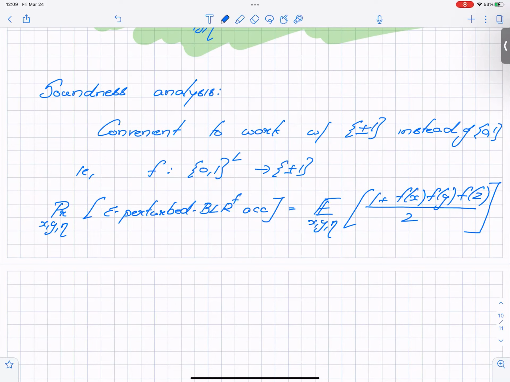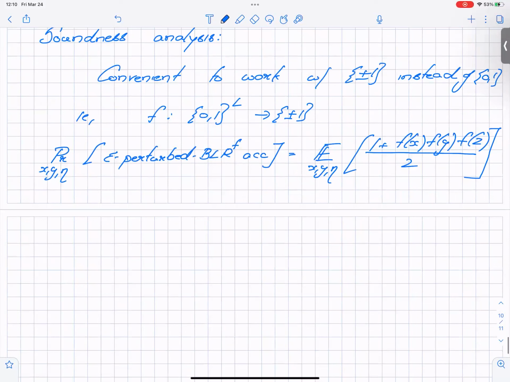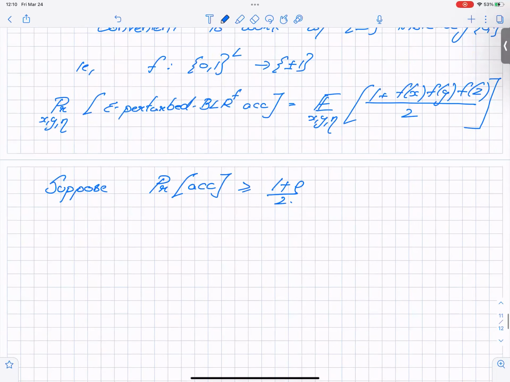Okay. So suppose the probability of accept is at least (1 + rho)/2. What does that mean?